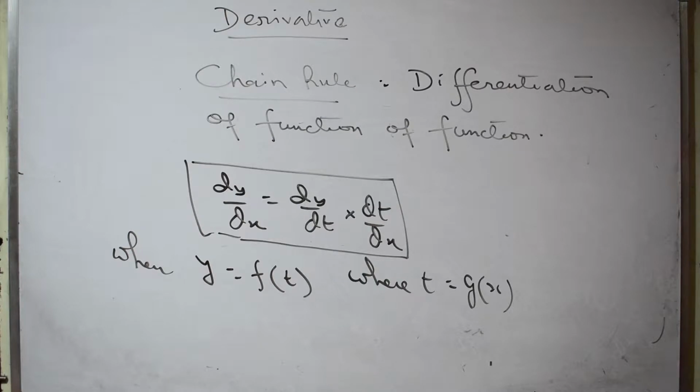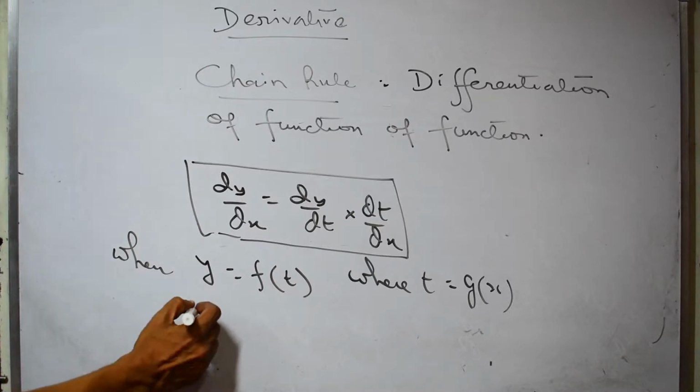If you watch this concept, y is a function of a variable t and t is a function of x. So in the ultimate sense, y is actually a function of x. t is just connecting y with x. So we'll solve the problem by differentiating y in terms of t and then t in terms of x.